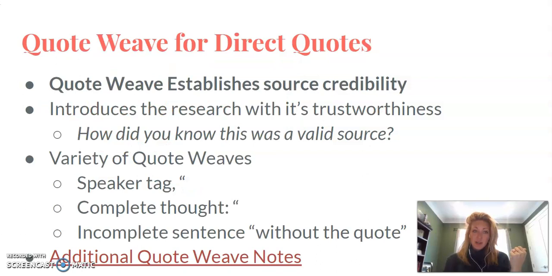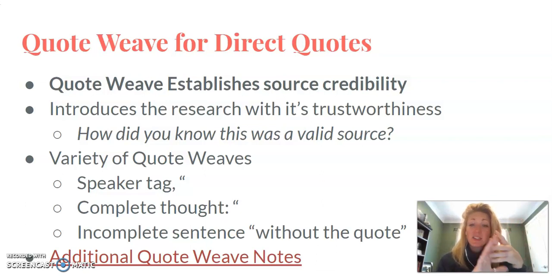Okay, just to remind you guys that you're always establishing the source credibility with these quote weaves for the direct quotes. Basically, you have to introduce the research and say what's trustworthy about it. How did you know that this was a valid source? Maybe you're talking about the author and what makes the author credible because they have a certain level of education or work experience.